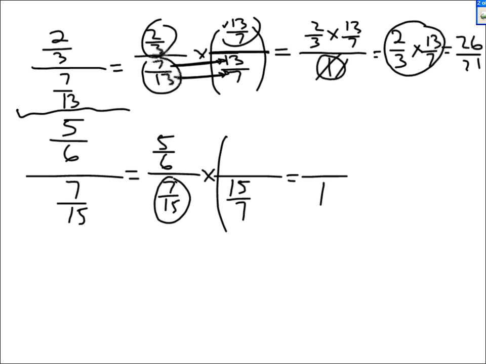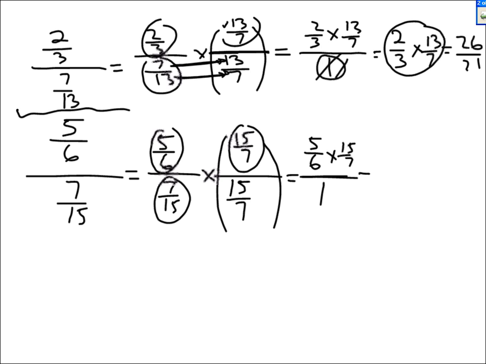If this fraction is going to equal 1, I put the same number on the top. I don't care if it looks friendly or not, whatever goes in the bottom, I put in the top. And the top is going to be 5 over 6 times 15 over 7, divided by 1. That means don't bother with the 1. So we get this result.